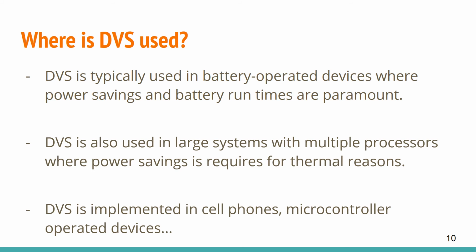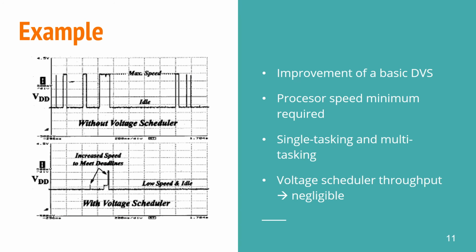The following example is extracted from a paper. And here we have an implementation of a DVS system with an improvement, which is the voltage scheduler. It controls the processor speed by writing the desired clock frequency to a system control register. The temporal scheduler is the register of the deadline of a task, and combined with the estimator gives the optimal VDD and frequency.